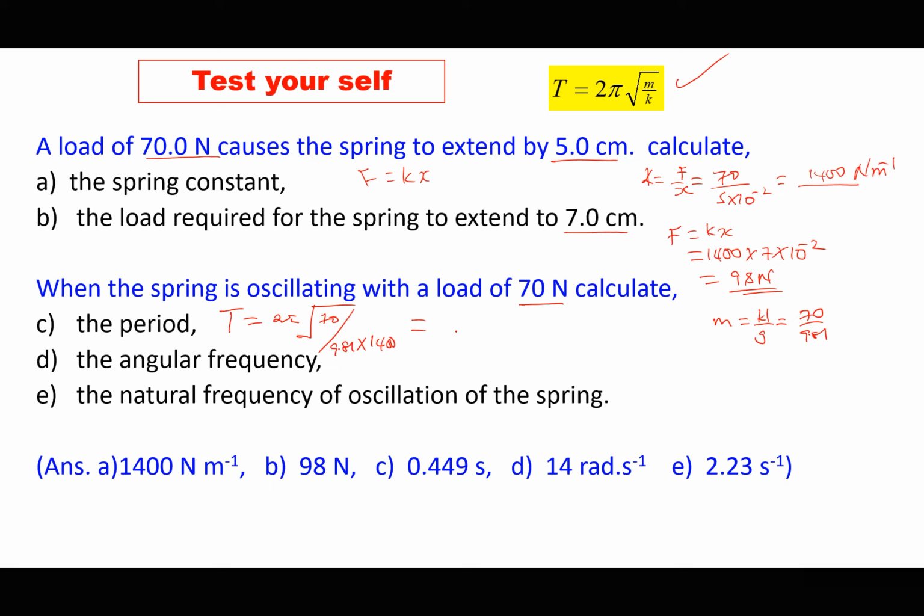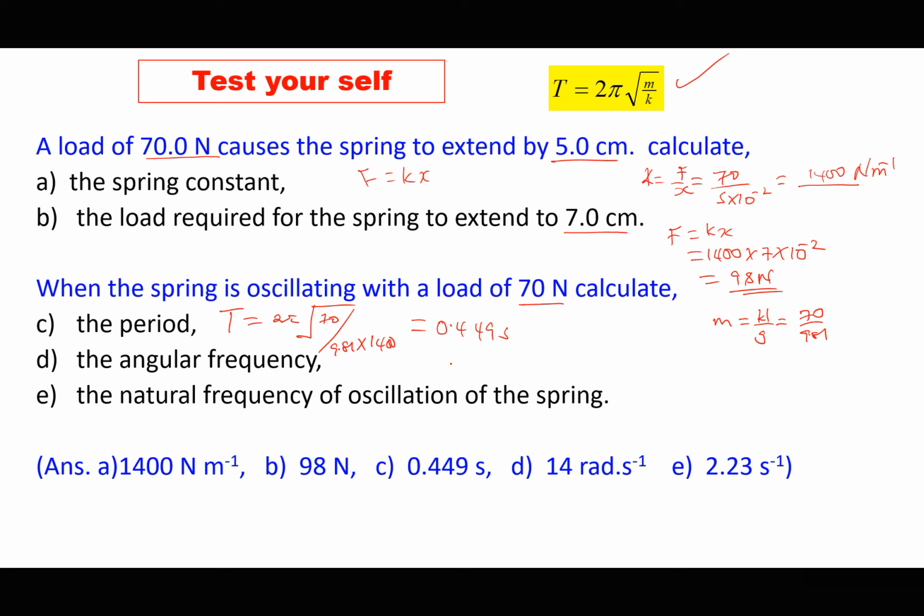So we have 70 divided by open brackets 9.81 times 1,400. Then I find the square root. Then I multiply this by 2 pi. And this is 0.449 seconds.